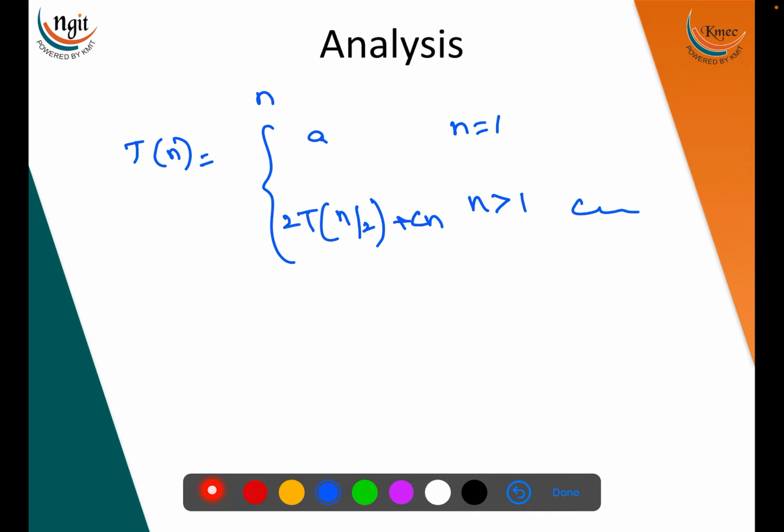Now dividing the list into two parts, right? Now this can occur recursively. So where n is a power of 2, that means n is equal to 2 power k, we can solve the equation by successive substitutions.